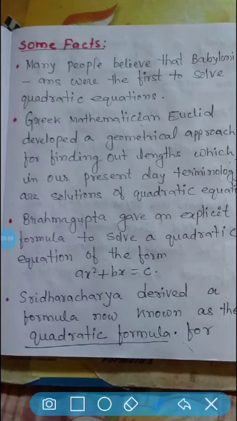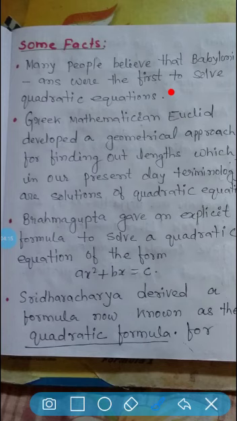First, many people believe that Babylonians were the first to solve quadratic equations. So we can say that Babylonians were the first who started this, and they were the first who solved the quadratic equation.